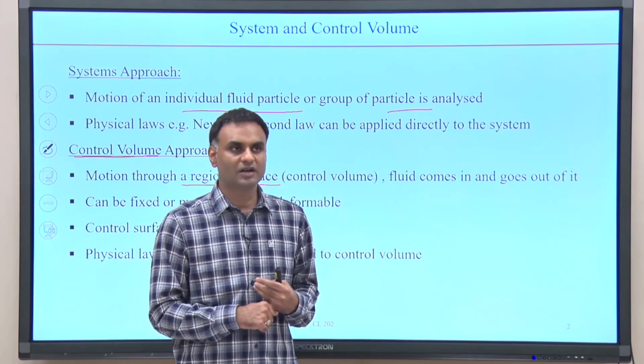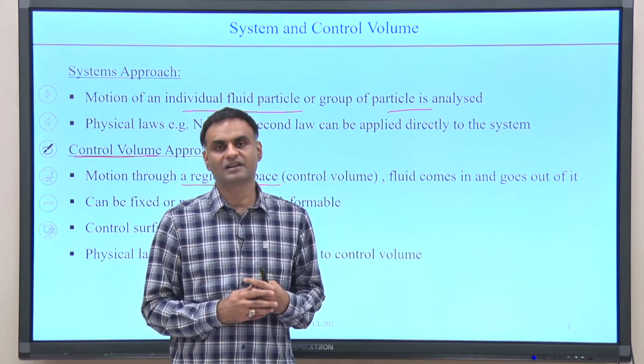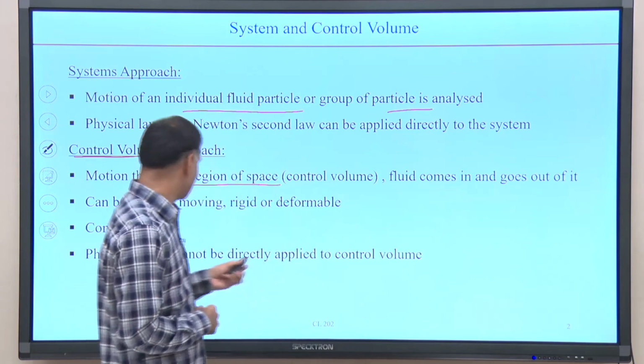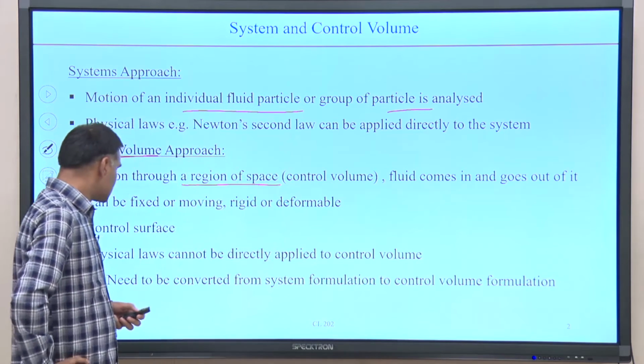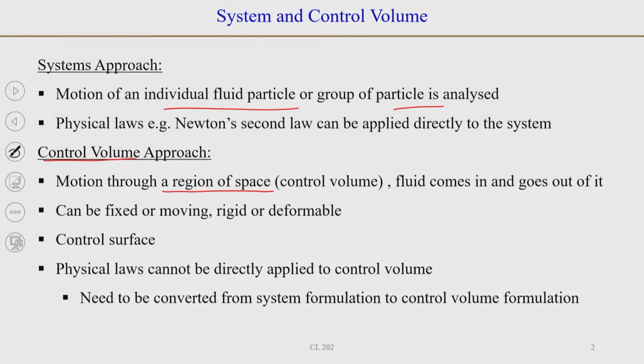But before we do that, we will derive a general relationship which can relate the laws of mechanics in system formulation to control volume formulation. So, before we do that, let us look at the main laws of mechanics.